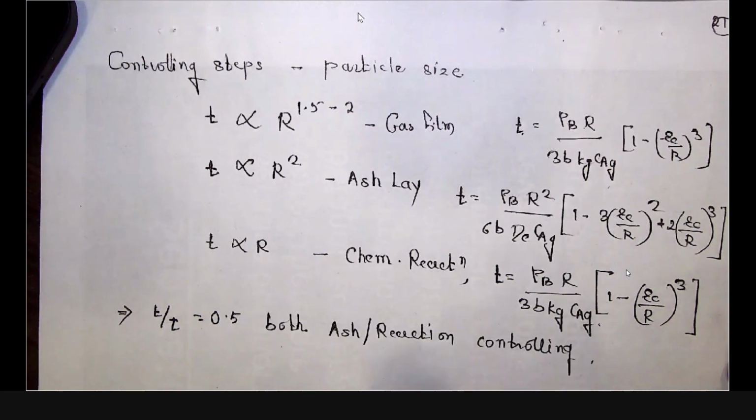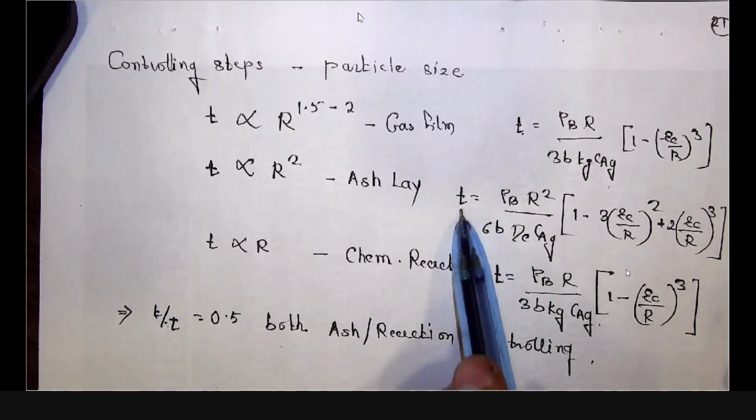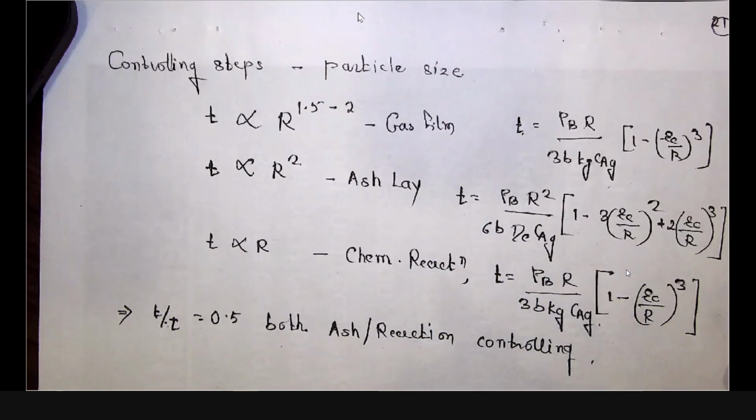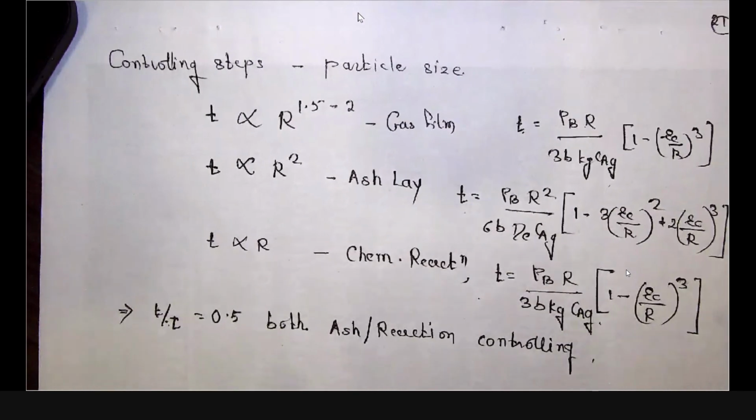That means you can check this at t upon tau equal to 0.5. So t upon tau is equal to 0.5 for chemical reaction and this one. If you simplify it, you will get the same value of 0.5. Okay.